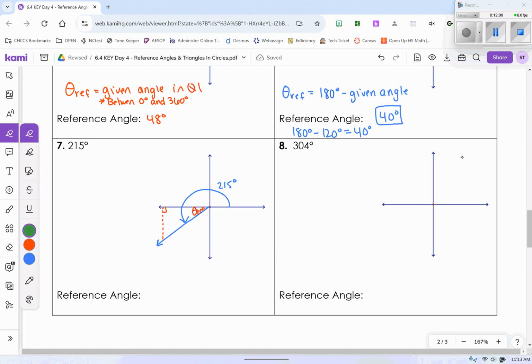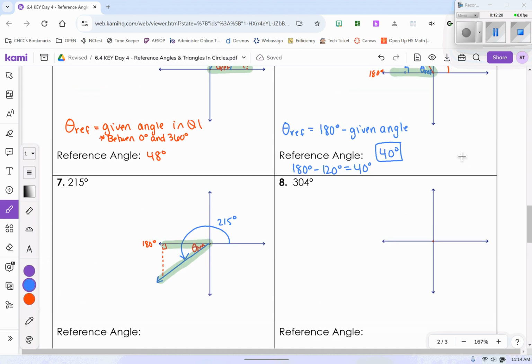So again, if I highlight it, it's the positive acute angle formed by the terminal side and the x-axis. So now notice we've gone past 180 degrees. So to find this angle measurement, we're going to take the given angle and subtract 180. This one was for quadrant 2, you use that.